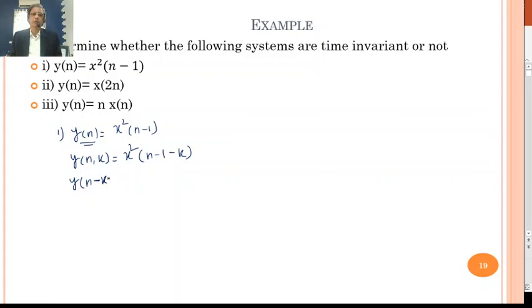Now substitute n by n minus k, and that is x squared of n minus k minus 1. Now verify whether equations 1 and 2 are the same or not.